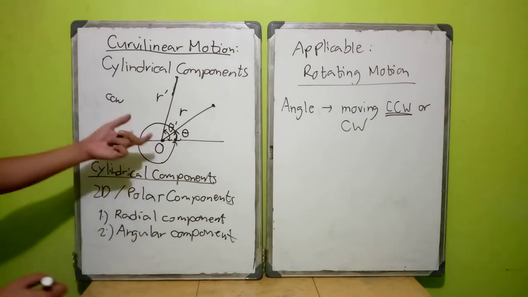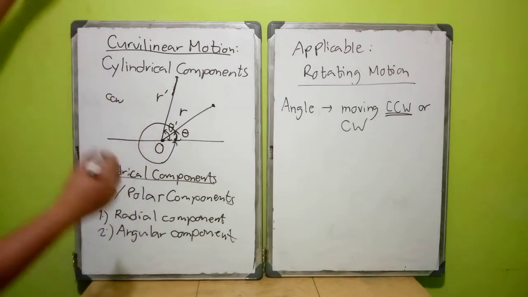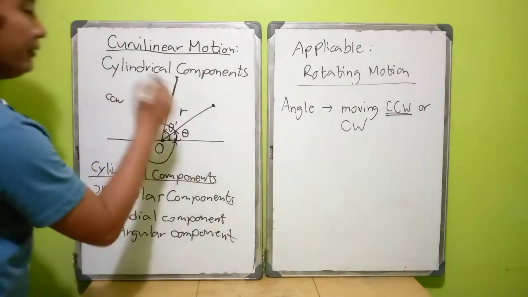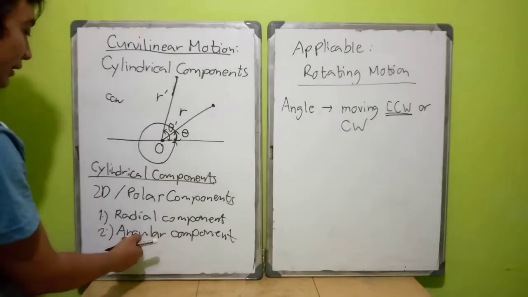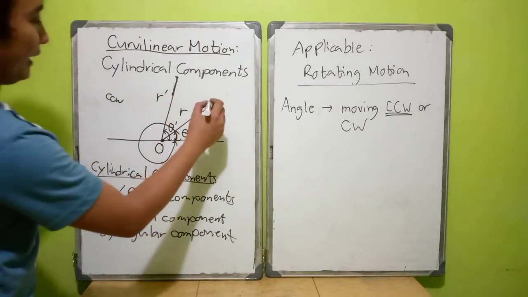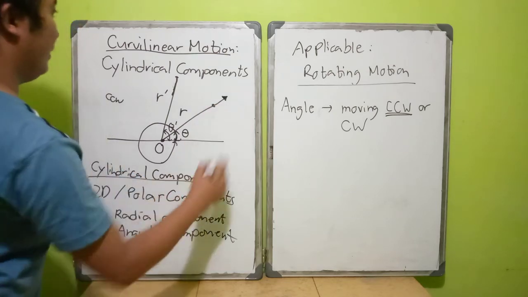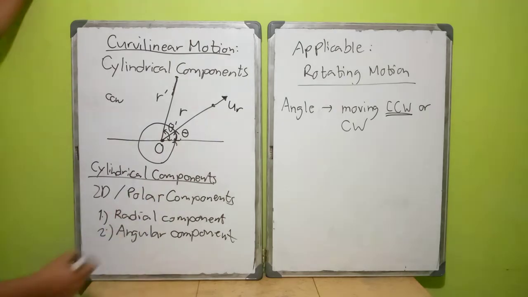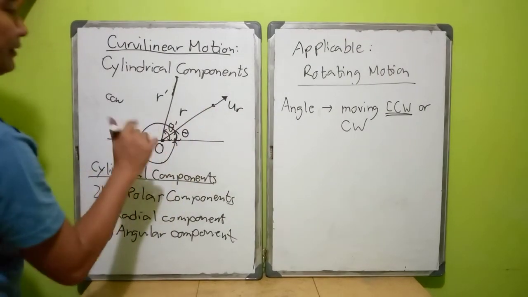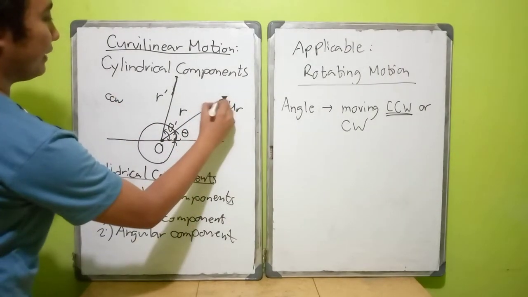Therefore there are two unit components that we are referring to. We have the UR. Since this is the radius, parallel to that is your UR.